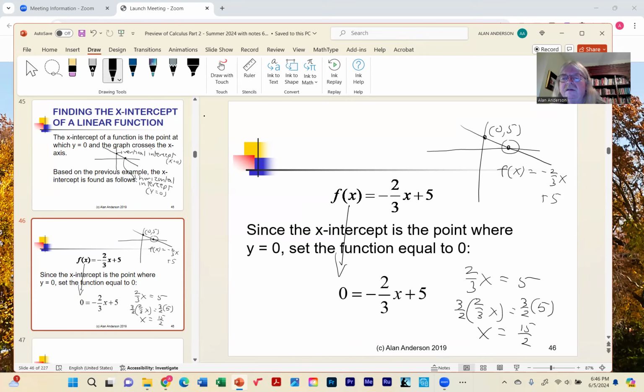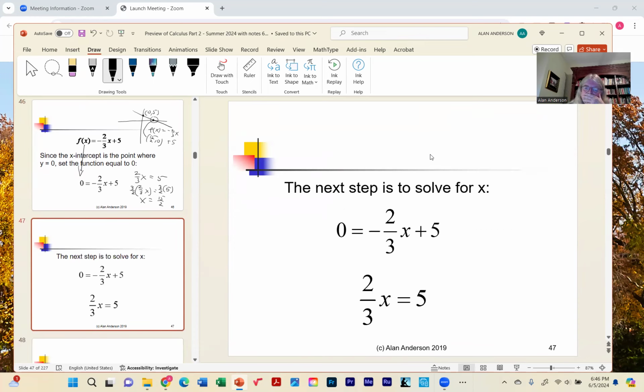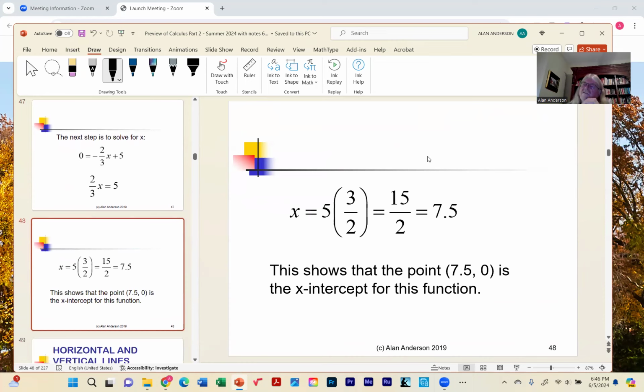Okay, so this is the point. 15/2, comma 0. Or 7.5. Of course, it means the same thing.